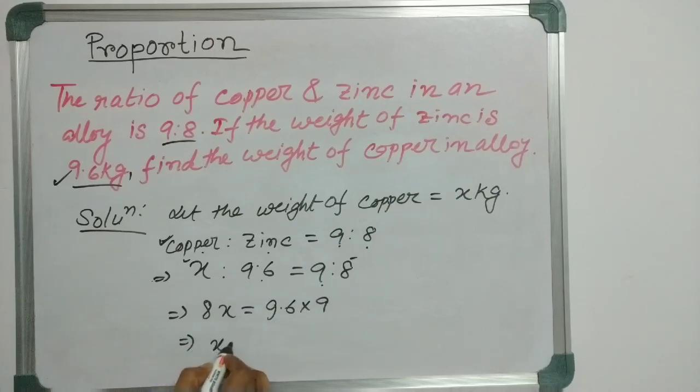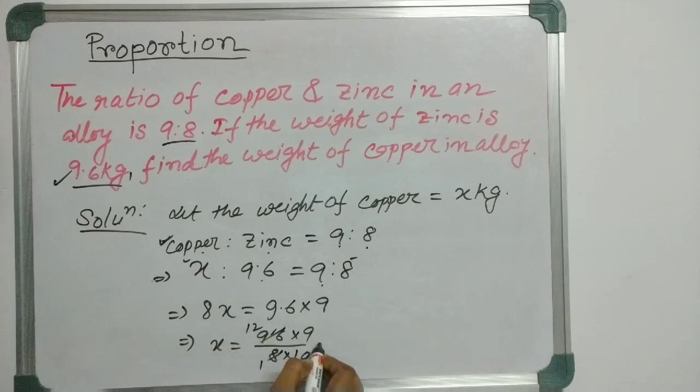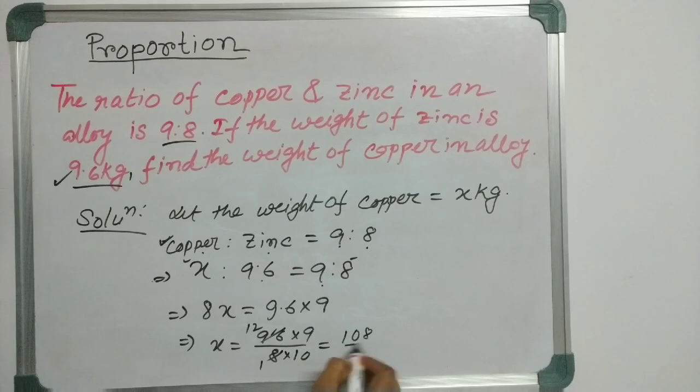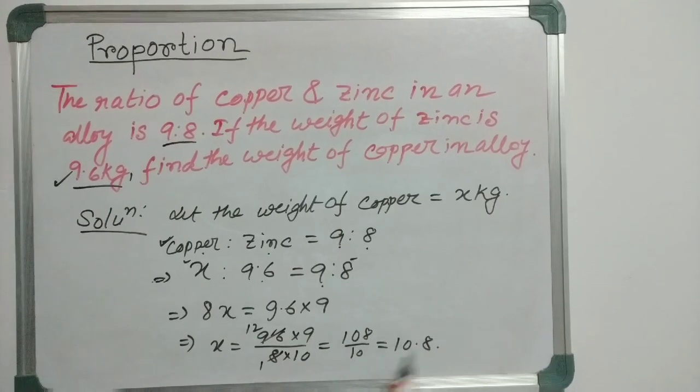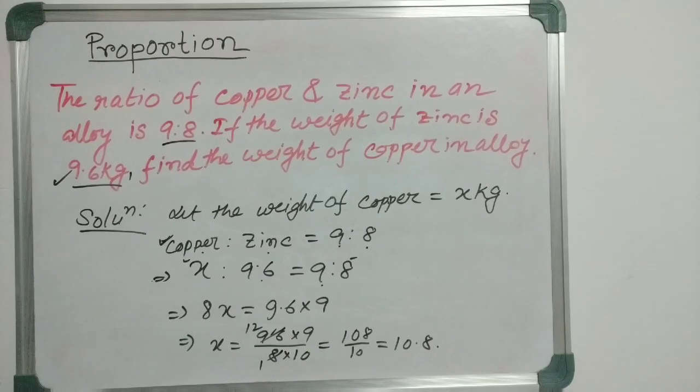So x equals 9.6 into 9 divided by 8. So 12 into 9, that is 108, divided by 10, equals 10.8. So therefore the weight of copper is 10.8 kg.